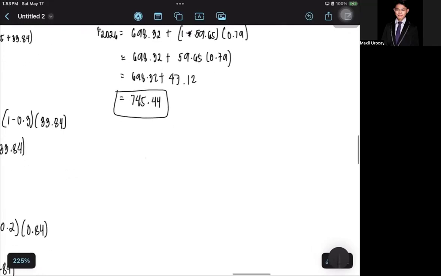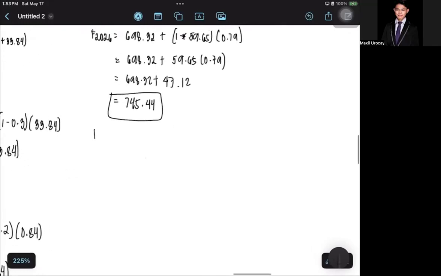What about for 2027? For 2027, it will be the same process. However, what will change here is the seasonality initialization as well as the H. So it's 2027 already, so that is 698.32 plus the 2, it's the H, times 59.65.